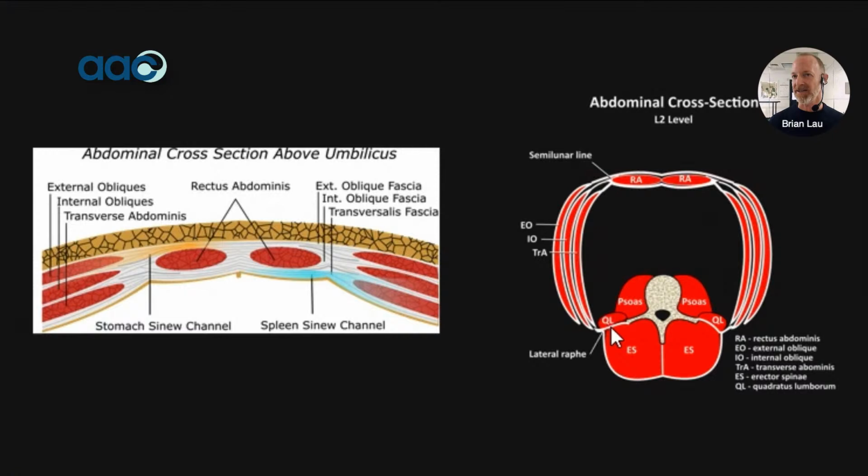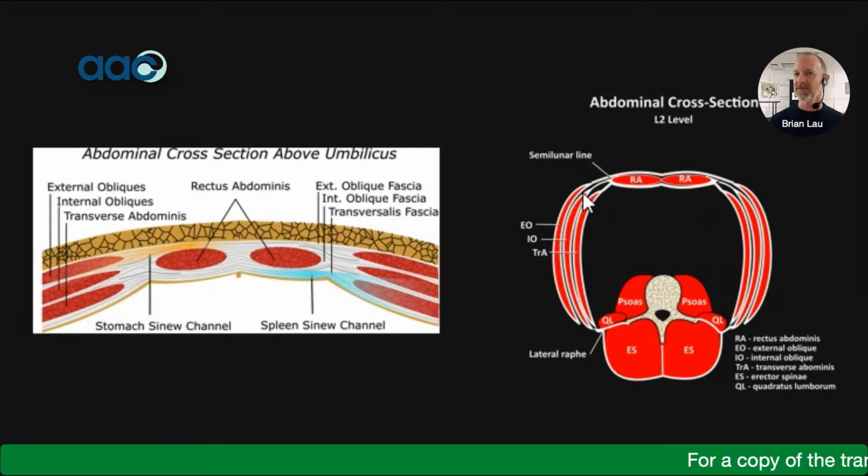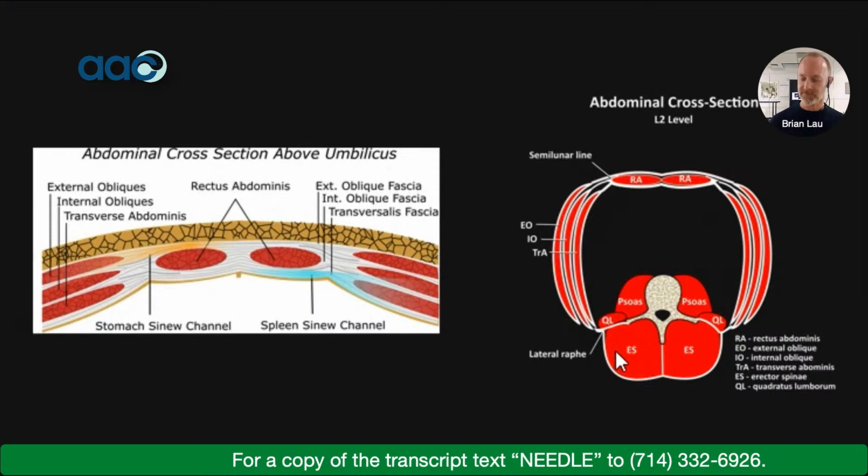And that lateral raphe is going to separate into a deeper layer that goes between the quadratus lumborum and erector spinae, and a superficial layer that goes above the erector spinae. So the point is, when I'm treating this deeper fascial layer, I'm communicating with the musculature like the quadratus lumborum and erector spinae. So there's a lot of fascial communication between the front and the back through these abdominal fascial layers.